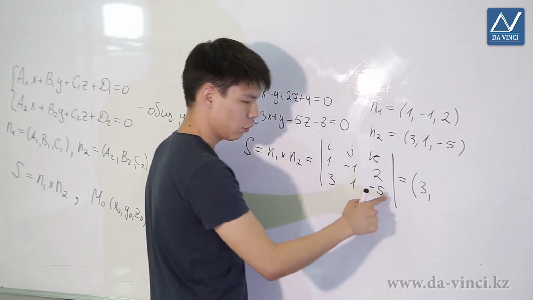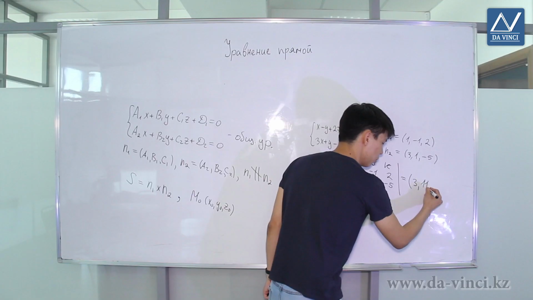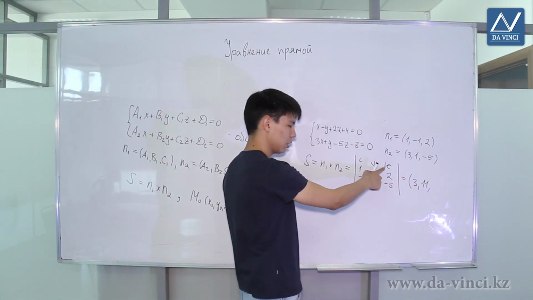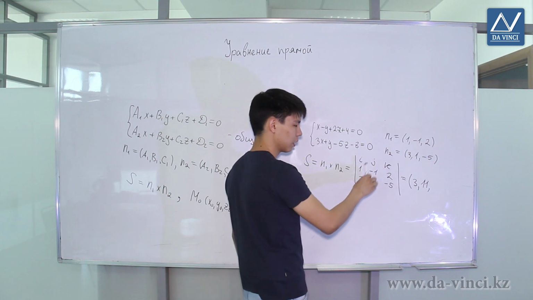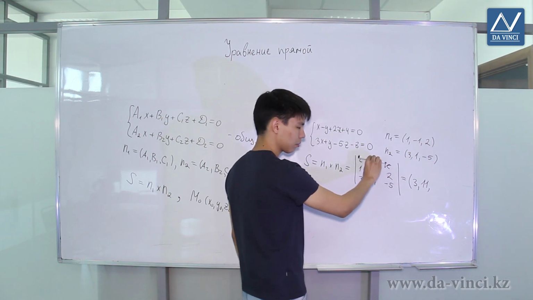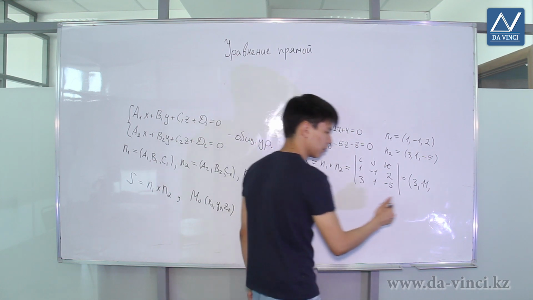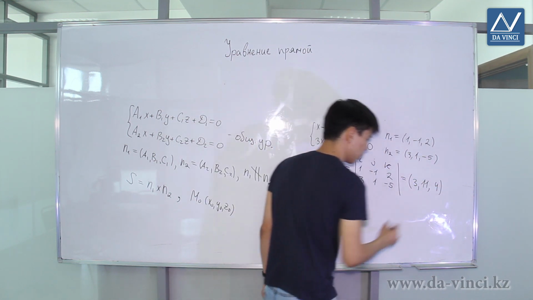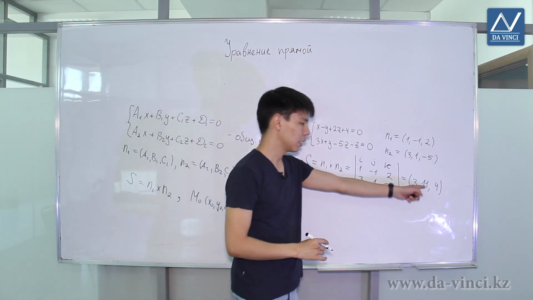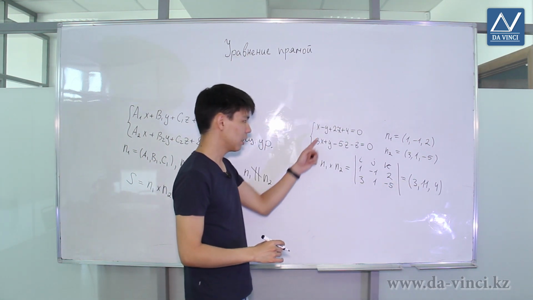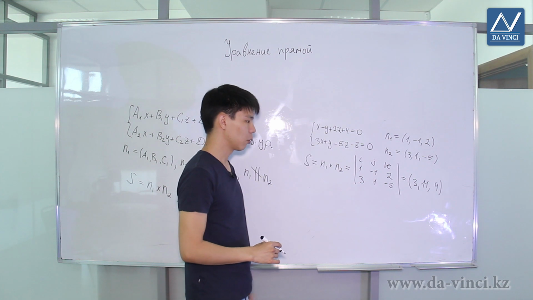We need to change the sign. We got 11 in total, so here is just 11. And then we find the complement to the k vector. It is this determinant: 1, minus 1, 3, 1. Calculating, it is 4. As a result, we've got a vector with coordinates 3, 11, 4. This is the directing vector of our line.